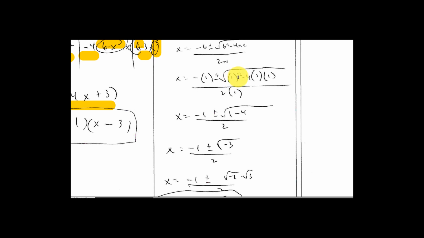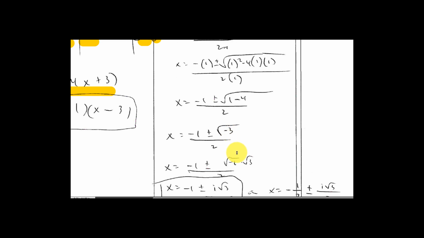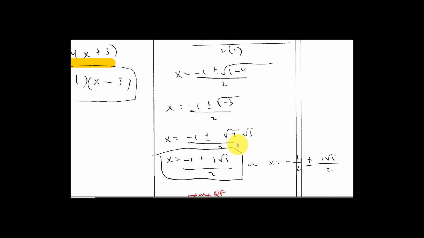1 squared is 1. Negative 4 times 1 is negative 4. Opposite of positive 1 is negative 1. And then 1 minus 4 is negative 3. The factors of the square root of negative 3 is square root of negative 1 times square root of 3. The square root of negative 1 is i.